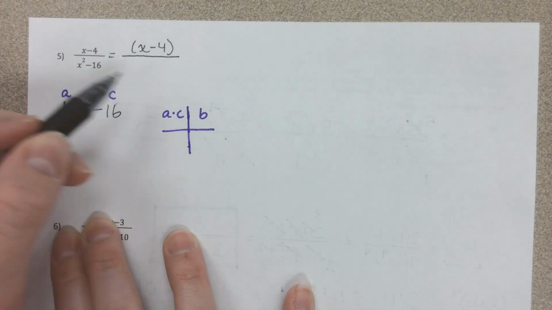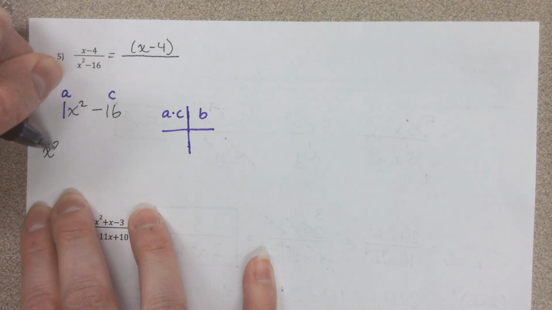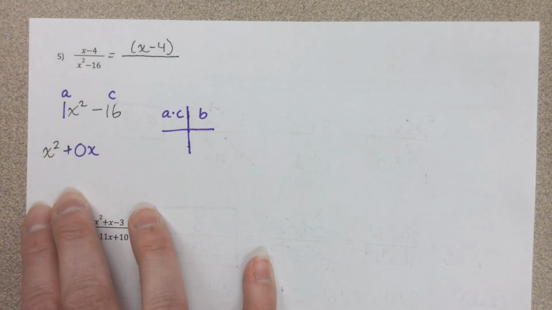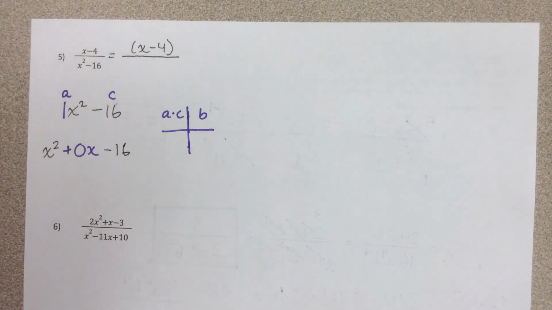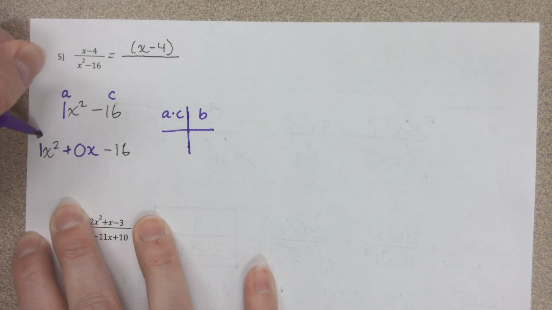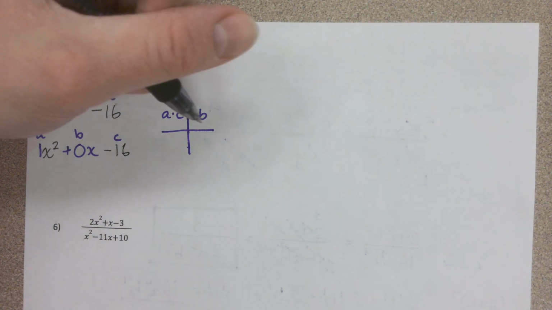So one way you can do this, if it helps, you can write this out as x squared plus 0x minus 16. You don't have to, but if that helps you, you're welcome to do so. But yes, it's not there, it's 0. So B is 0.